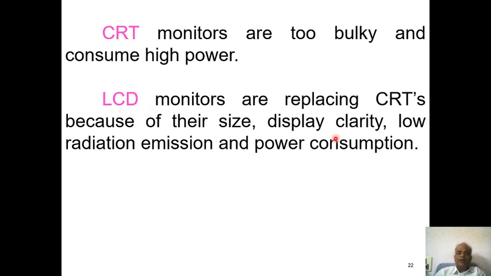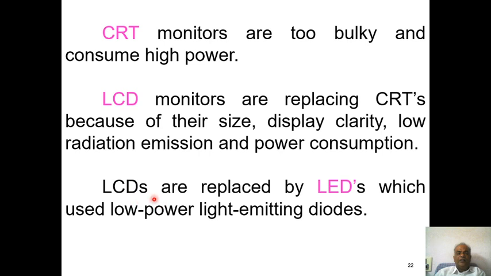Here the display clarity is also higher, whereas in CRT monitors display clarity is somewhat lower compared to LCD. LCD also has low radiation emission and power consumption. LCD monitors consume less power than CRT, and LCDs are being replaced by another technology known as LEDs, which use low power light emitting diodes.